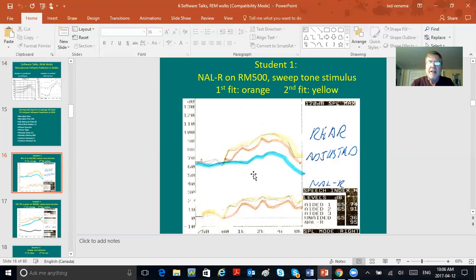All right, and here would be the client's real ear unaided response, REUR. Here's real ear aided response according to the manufacturer. And again, I got to draw the picture here.